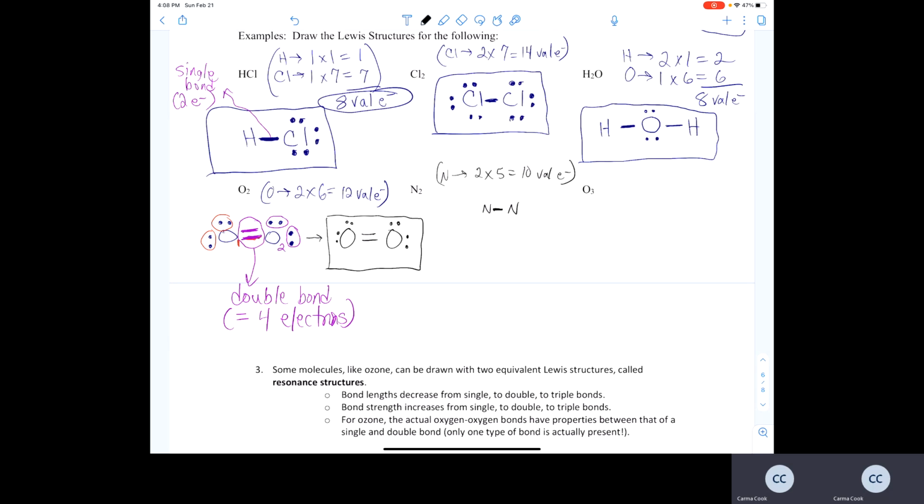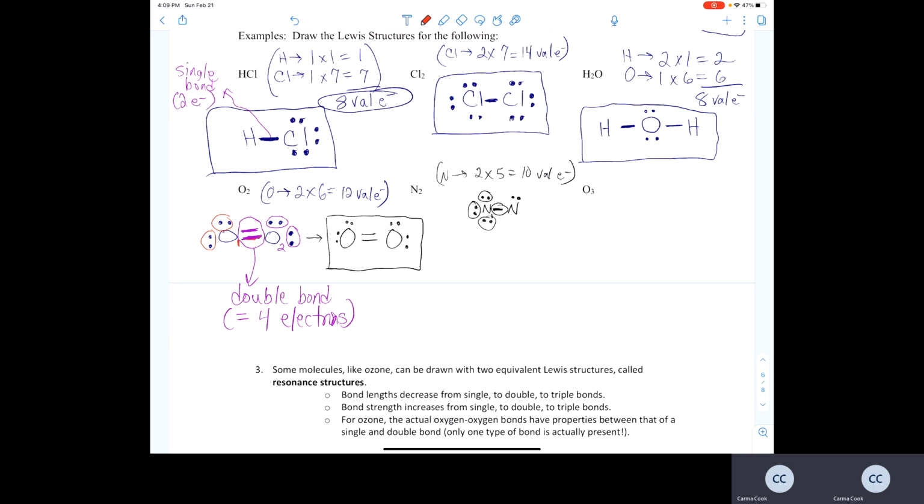But I need 10 total in my structure. So I'll start adding pairs of dots. So now we've got 2, 4, 6, 8, and 10. So nitrogen 1 is happy. It's got 2, 4, 6, 8 electrons around it.